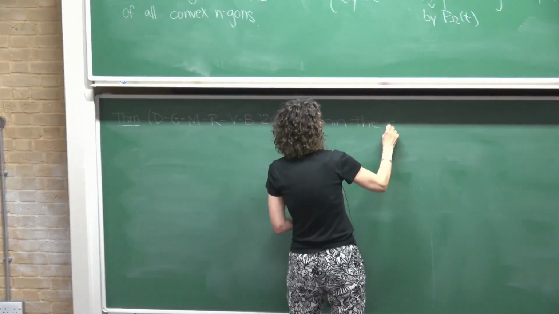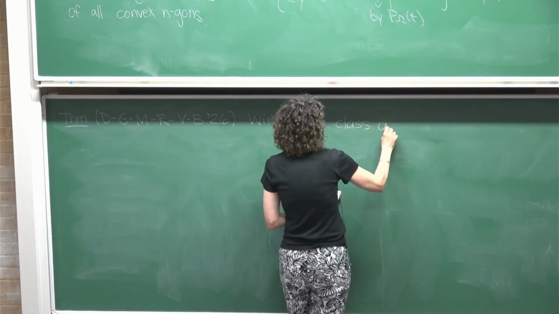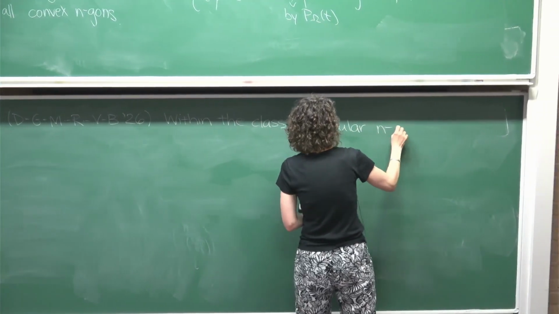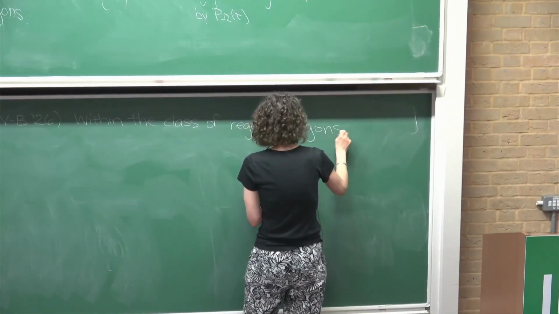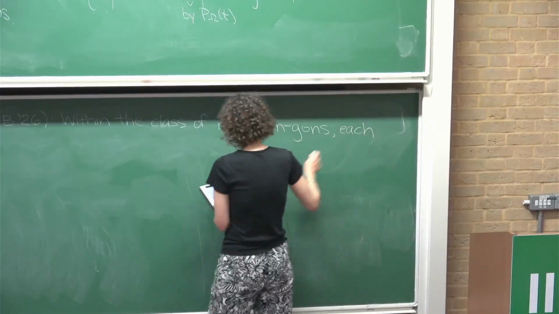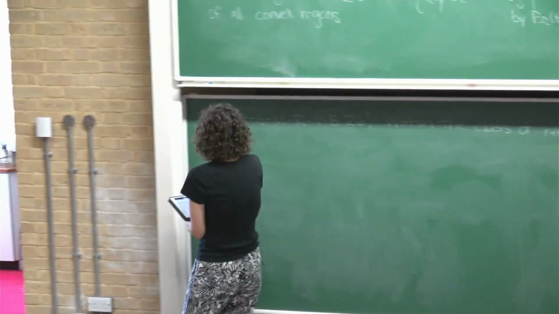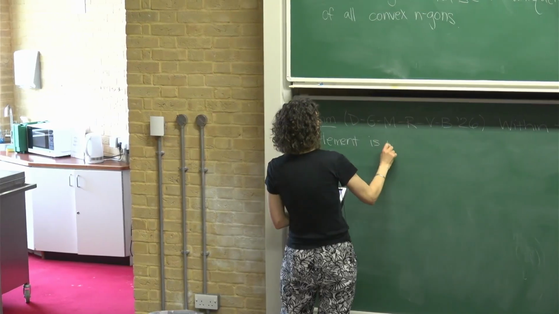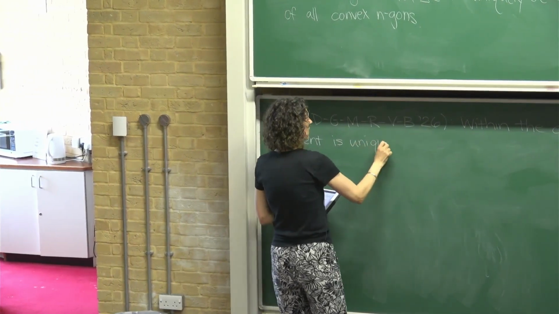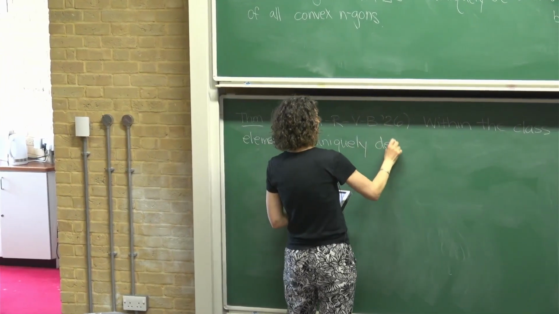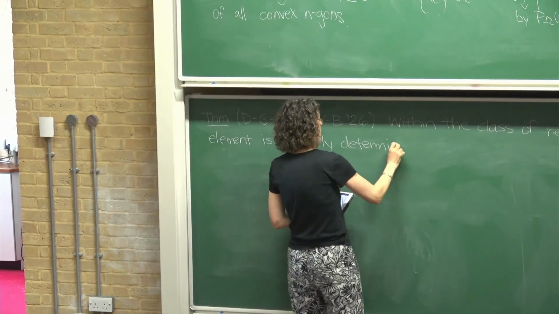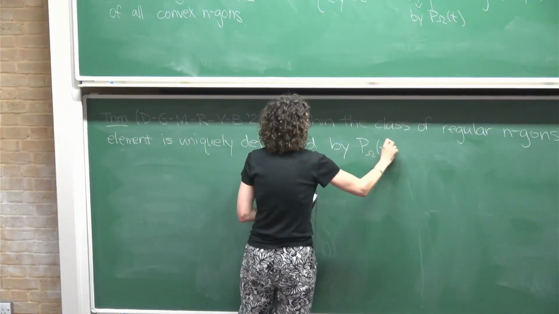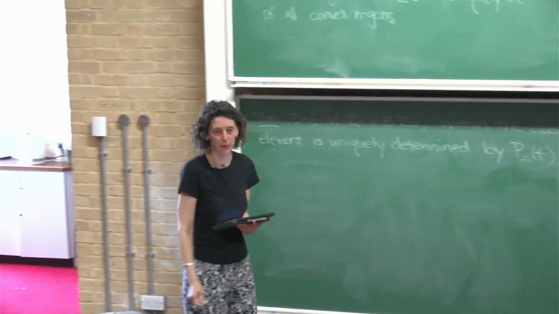So within the class of regular n-gons, each element is uniquely determined by the characteristic polynomial.